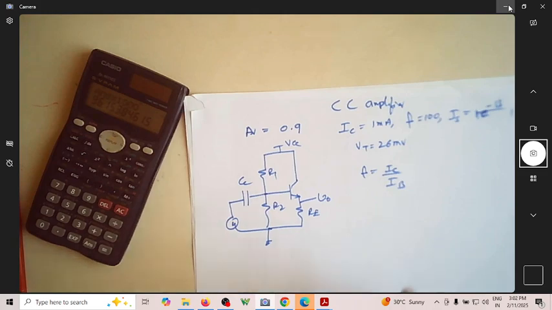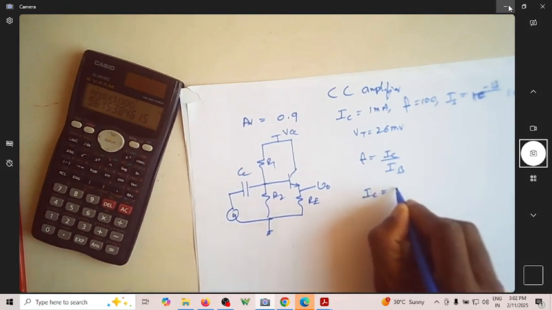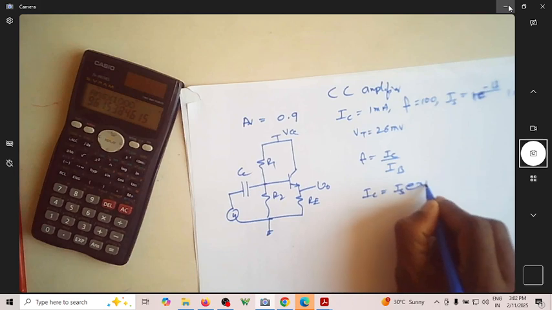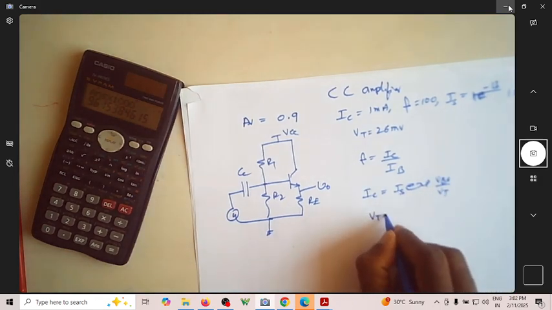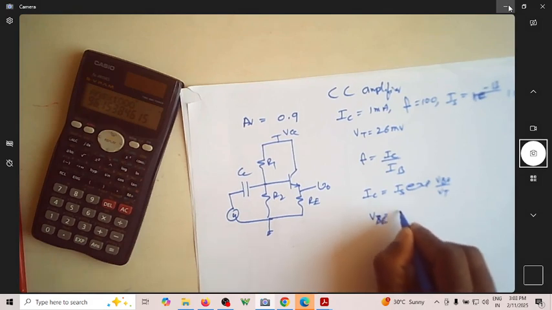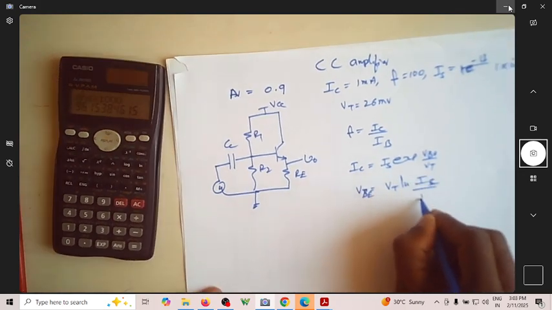Beta is equal to IC by IB. This is one equation. Then we have IC is equal to IS exponential VBE by Vt, from which we can write VBE is equal to Vt ln of IC by IS.